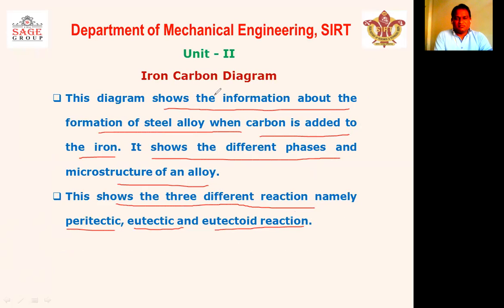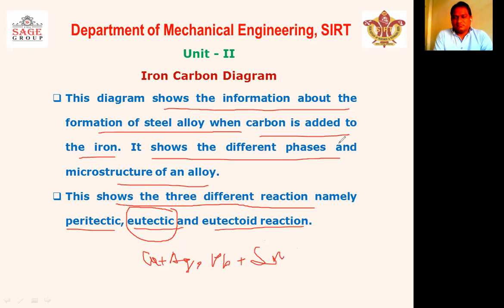We have discussed the eutectic reaction in the alloys copper and silver, and lead and tin, Pb plus Sn. For these two alloys, we drew the eutectic phase diagram and discussed the eutectic reaction.